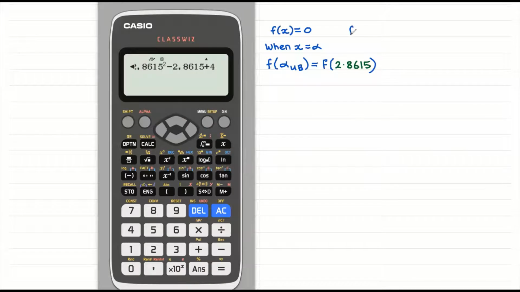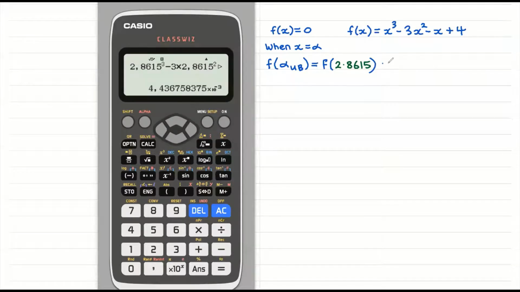I'll just jot that down to remind you, because it's not on the screen right now. So we know that f of x is equal to x cubed, this is the original function, subtract 3x squared, subtract x, and then plus 4. Let's see what we get from that. We plug in those numbers, and we get a very, very small positive number, as we'd expect.